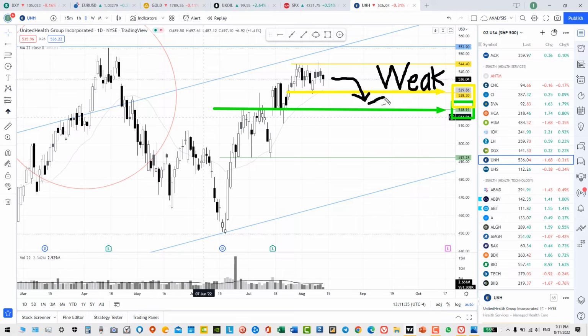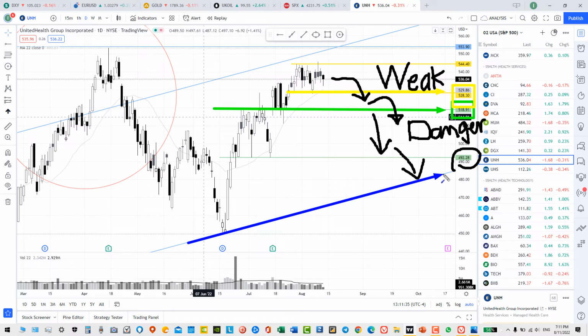And if the stock breaks below 518, this will be a sign of danger, and this will confirm the creation of the corrective wave over the short term, which may easily target the 490 level and may easily target the uptrend from the weekly chart around the 480 level.